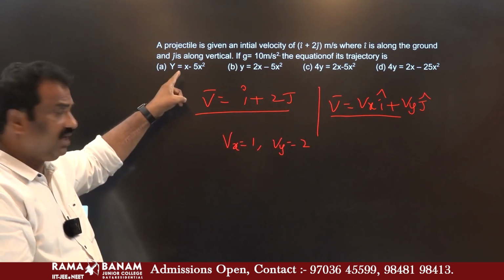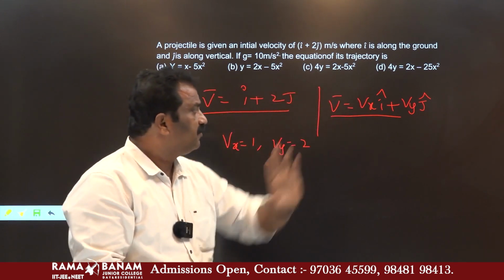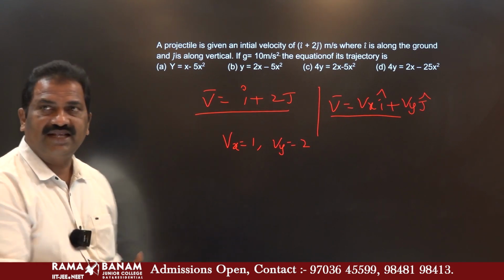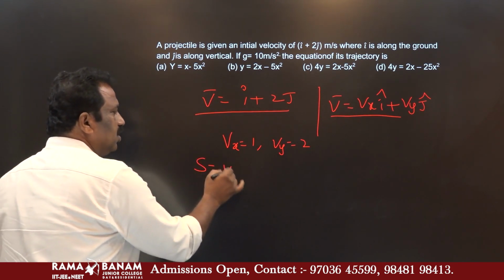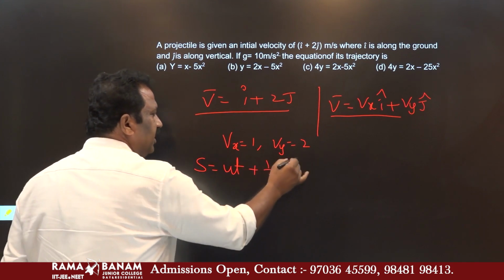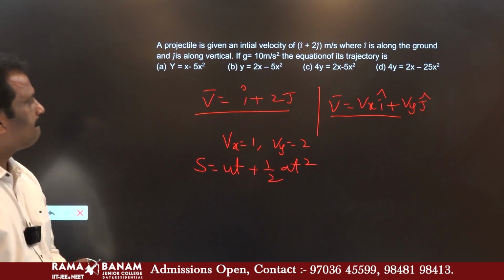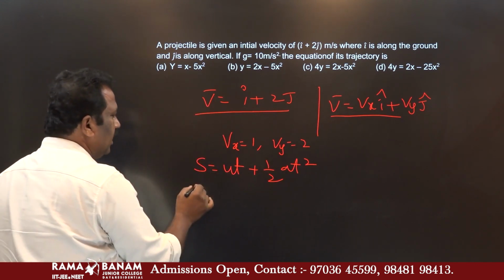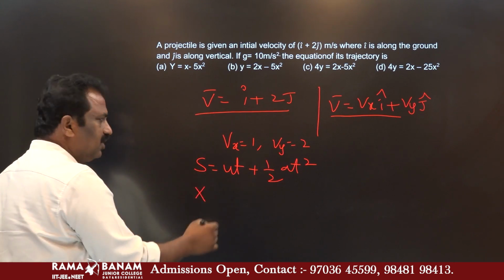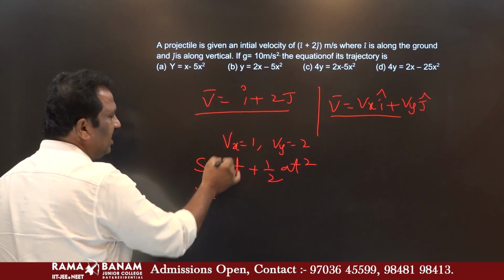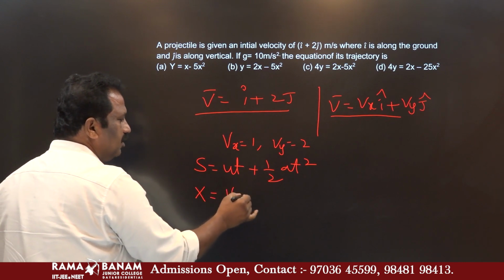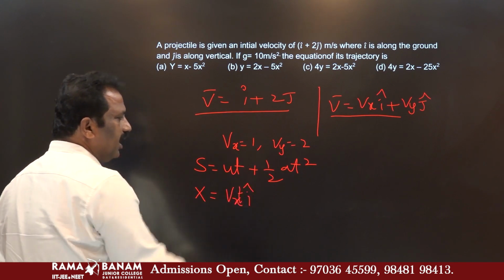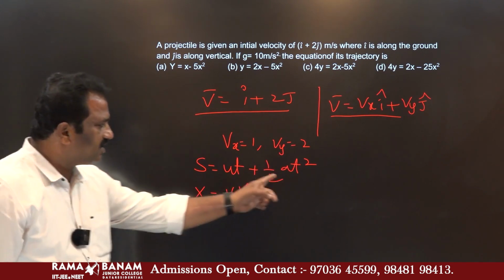The answer is given in terms of displacement. So when the answer is given in terms of displacement, we can use S is equal to ut plus half at square. Along the x-axis, x is equal to Vx into t, I cap, and along the x-axis the acceleration becomes 0.